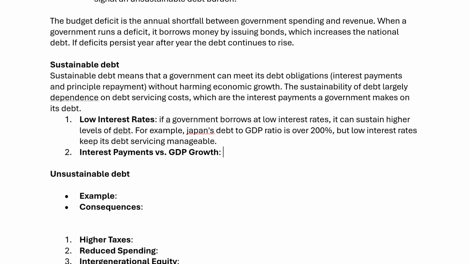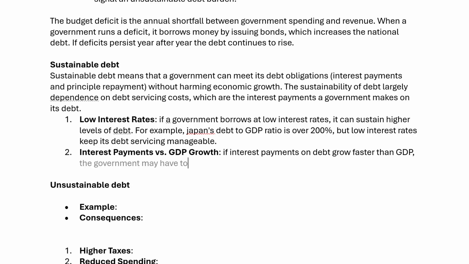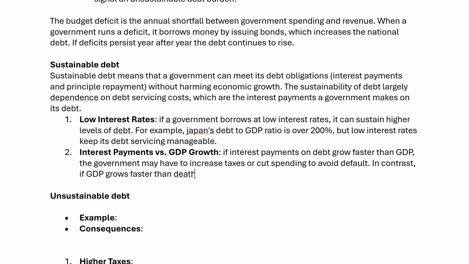If interest payments on debt grow faster than GDP, the government may have to increase taxes or cut spending to avoid default. In contrast, if GDP grows faster than debt, the debt to GDP ratio can decline, making the debt more sustainable.